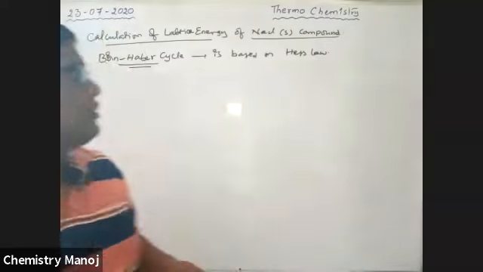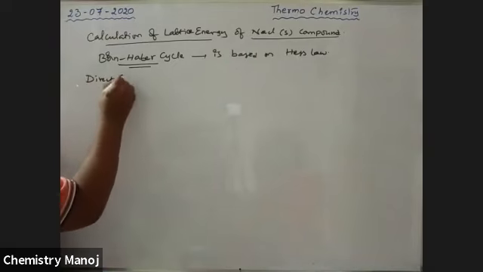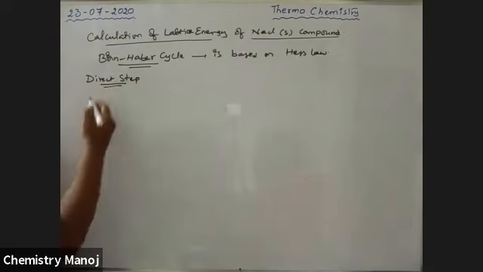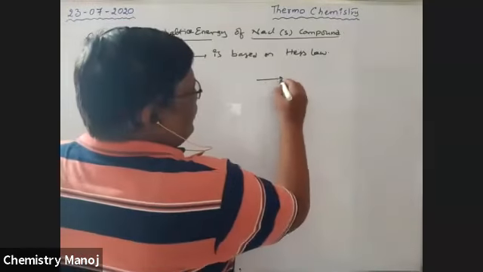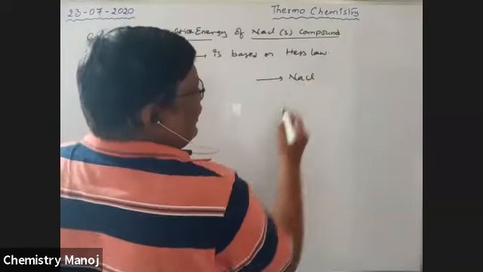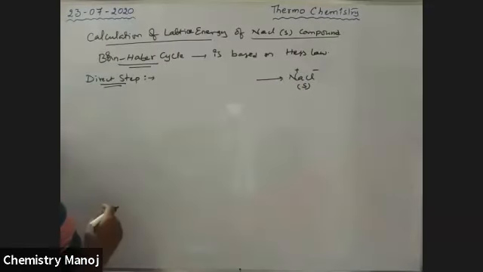See here. The direct step for the formation of NaCl is: NaCl, in solid state, consisting of Na plus ion and Cl minus ion.